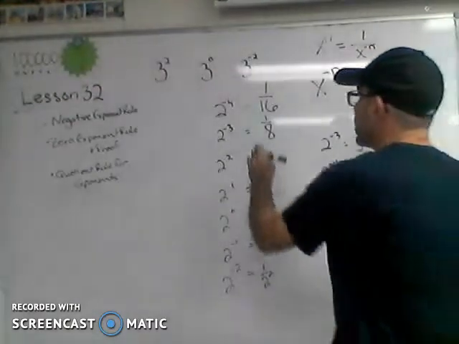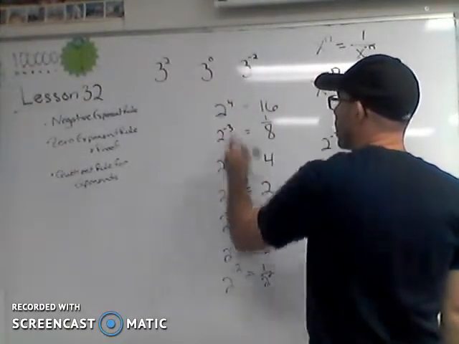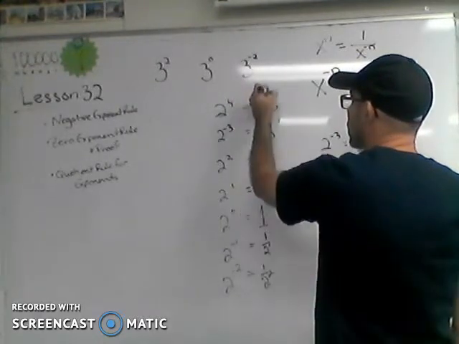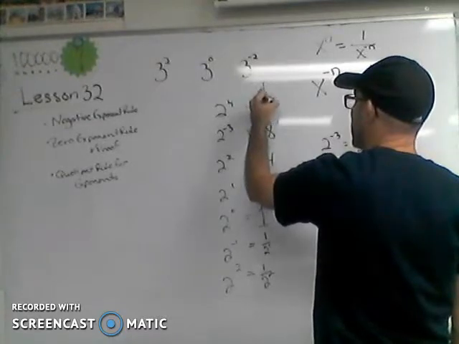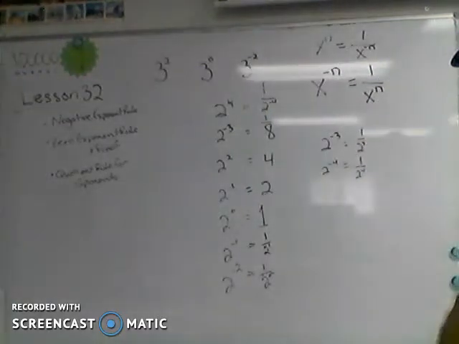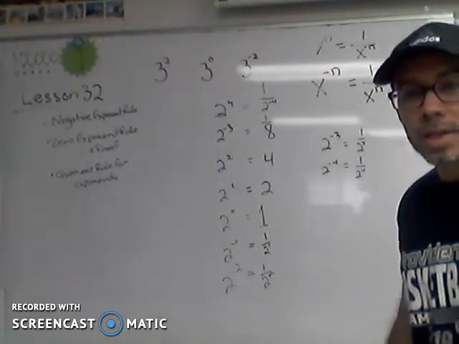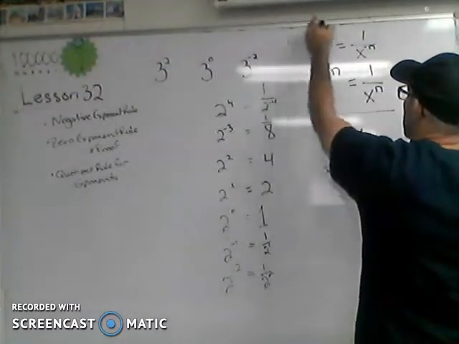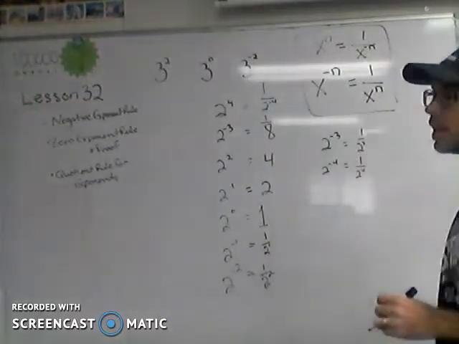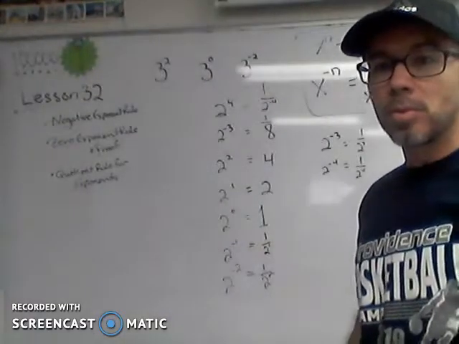Okay, so for whatever reason, if I wanted to, I could have written 2 to the fourth as 1 over 2 to the negative fourth, which is kind of dumb. That'd be 1 over 1/16, that's just 16. So these are our little rules for starters. This is the negative exponent rule. Both of them.